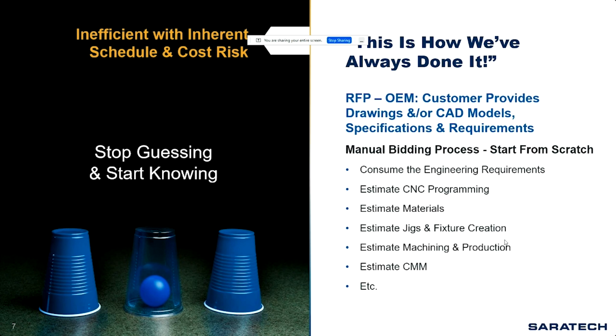And we have to estimate how long and how much time it is going to take us, and how much money it's going to cost us to do the NC program, estimate what the material costs are going to be, what it's going to take to make jigs and fixtures, and then actually get it into production, and so on. And so, if it's guesstimating, then this whole process could be, and often can be, inefficient, and it could really have a lot of risk around the schedule and the cost, and being able to deliver to the customer on time.